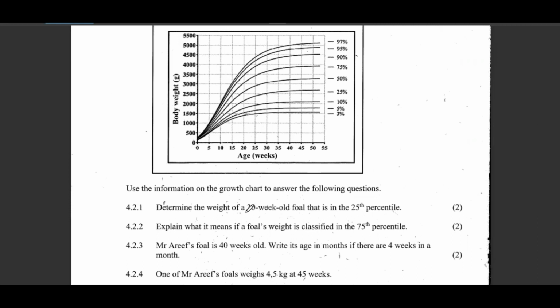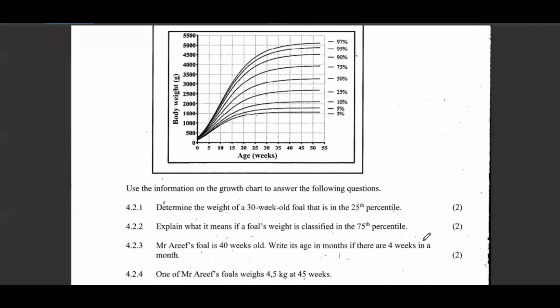Determine the weight of a 30-week-old fowl that is in the 25th percentile. So the 25th percentile is this line here. The age of the fowl is 30.